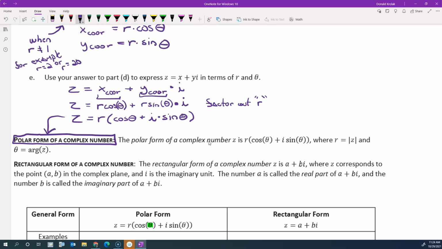Okay, and if you remember, we had some vocabulary. r was known as the modulus. And how much you had to rotate it, that's known as the argument.